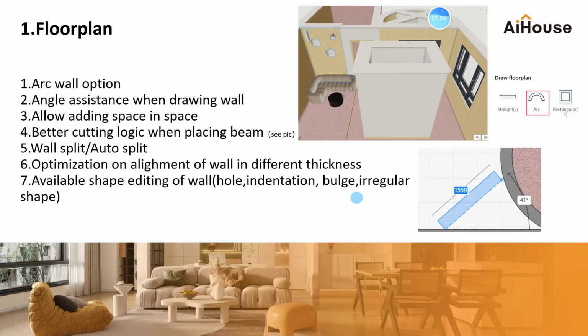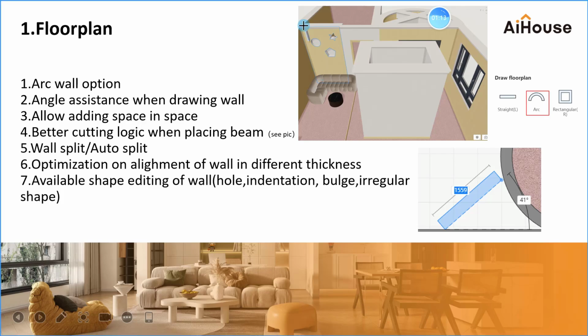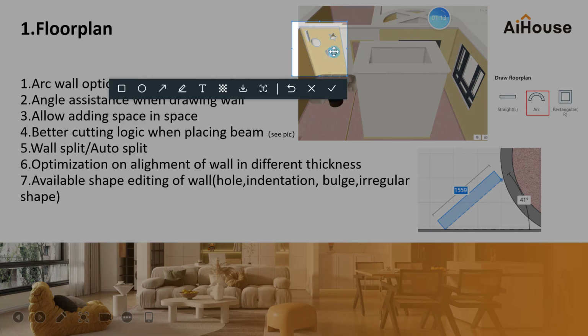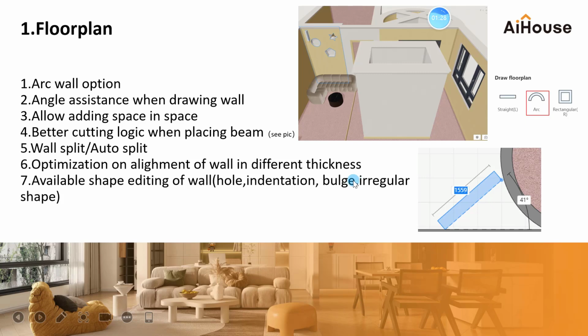I believe you already noticed that in this upper middle image, there are some shades on our walls. Now we have shade editing functions for the wall, which means you can dig holes in the wall, make indentations, or even blocks or irregular shapes on the wall.